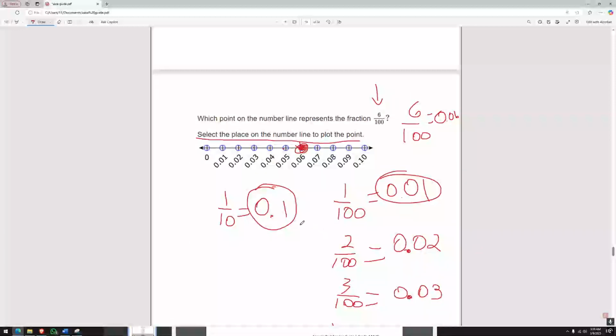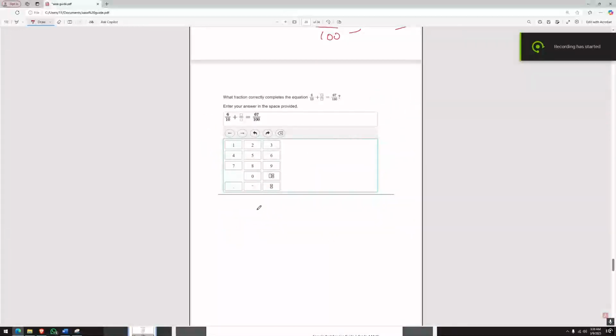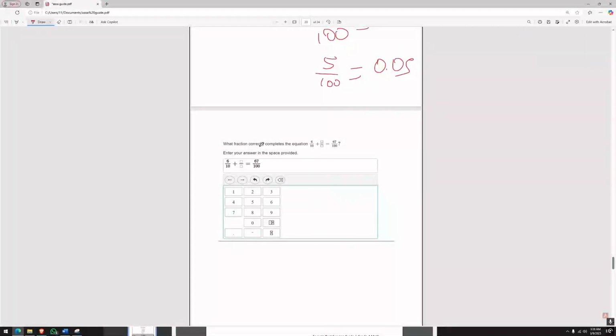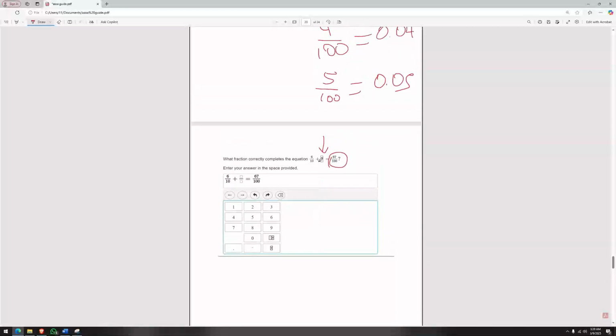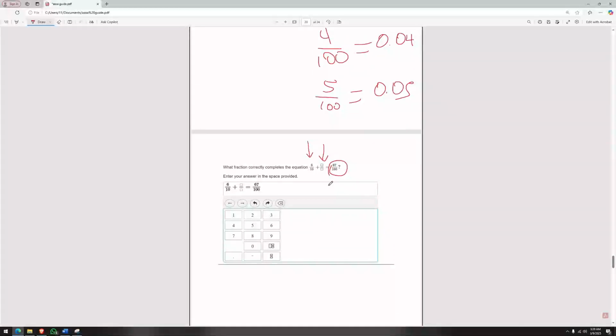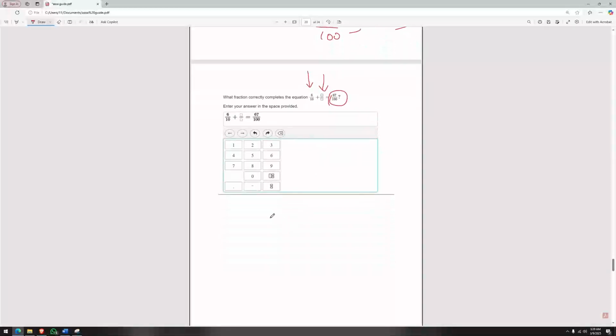Okay, next question. Okay, this one, we need to complete the fraction equation. A ver, we need to look for this one. It has to be this result. Okay, right now we are working with hundreds. We need to turn this one into hundreds. 6/10. So, which number multiplied by 10 can give you 100? 10 times 10 equals 100.